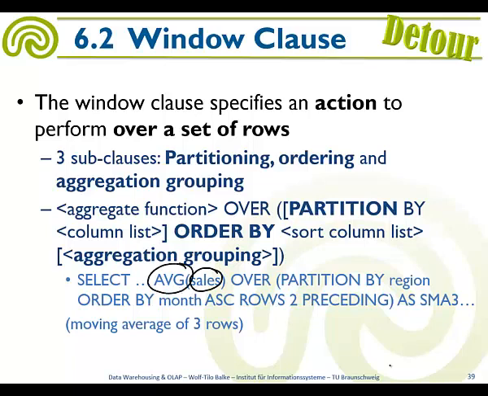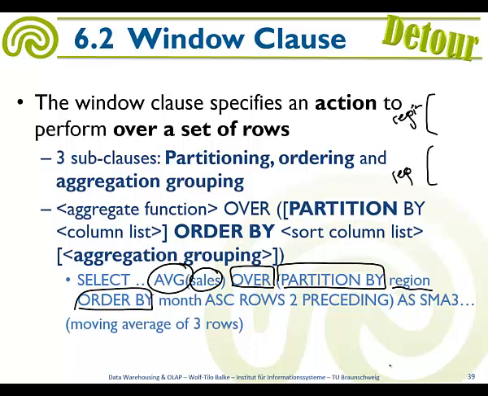So you select the average of the sales, and then the syntax here for the window clause is basically over, partition by, order by, and then the aggregation grouping comes later. So you say, okay, I'm going to partition by the region. I want to see the sales by region. So it creates partitions by the region. And within each region, you start ordering here by the month.